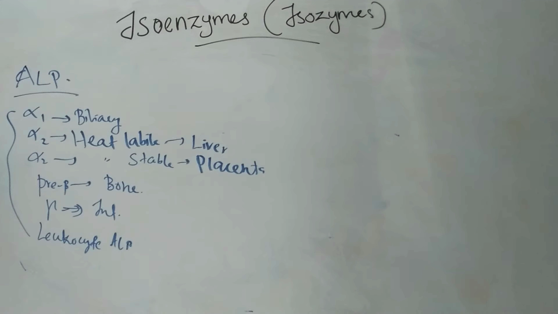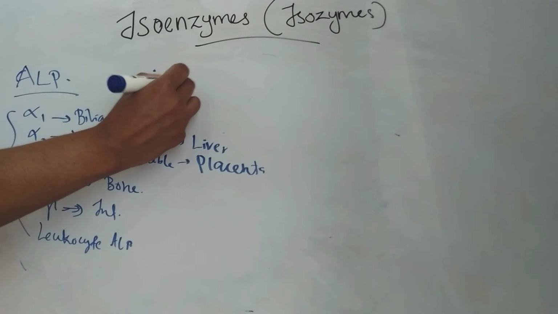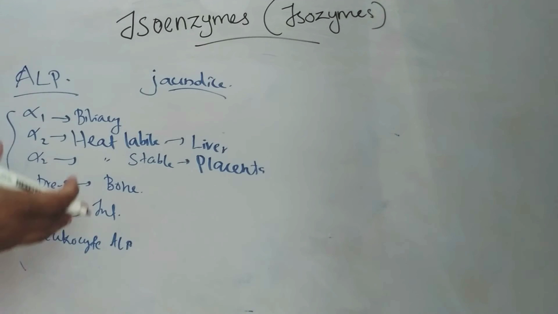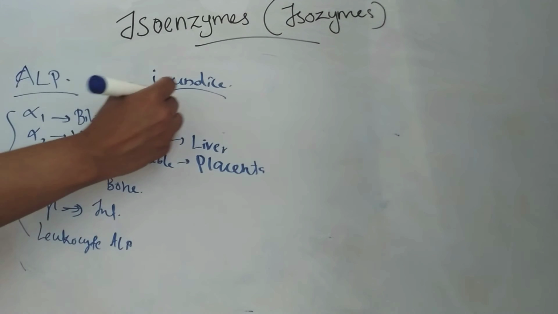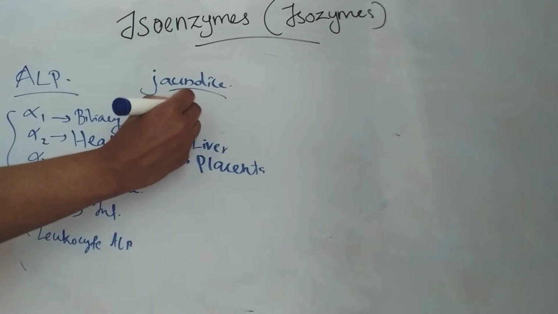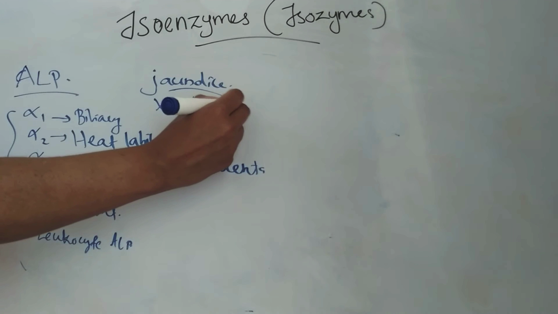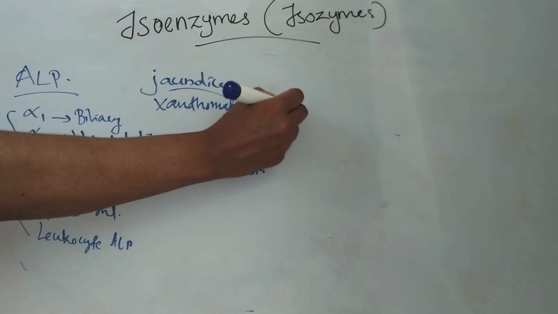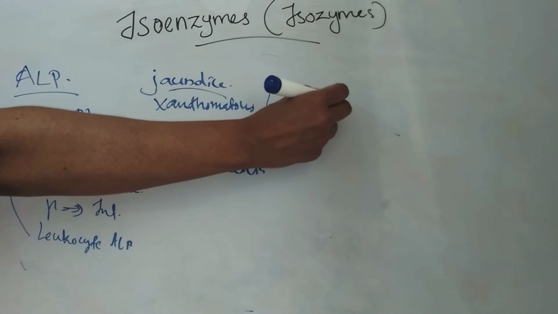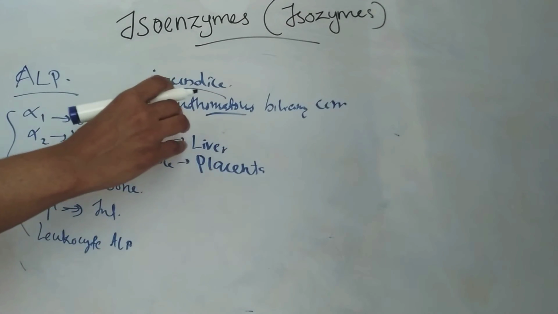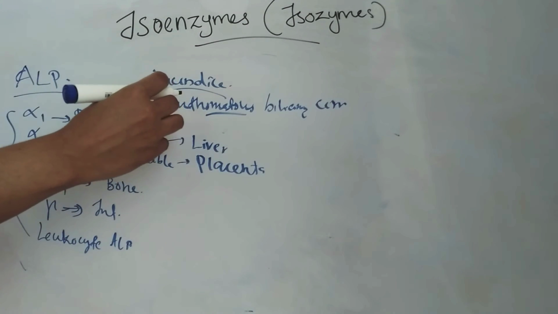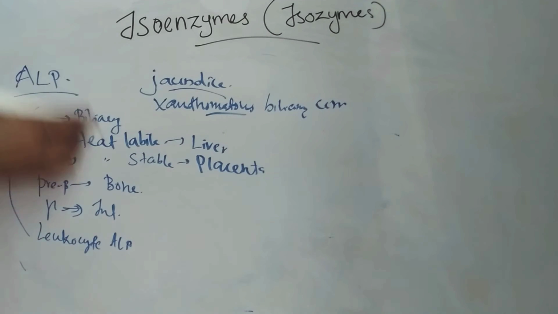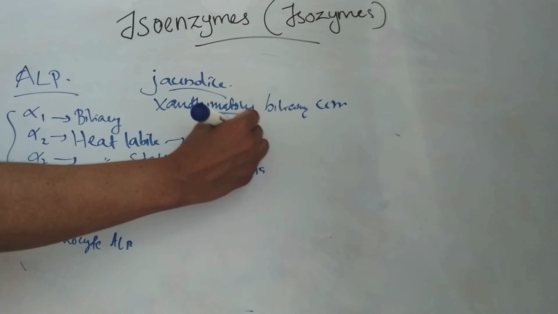This ALP is used for differential diagnosis of jaundice. Very high values are seen in xanthomatous biliary cirrhosis. In the case of hemolytic jaundice, serum ALP level will be normal.